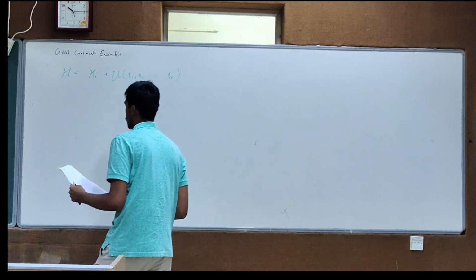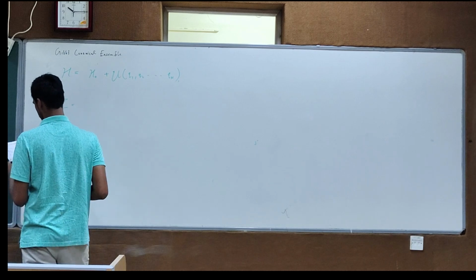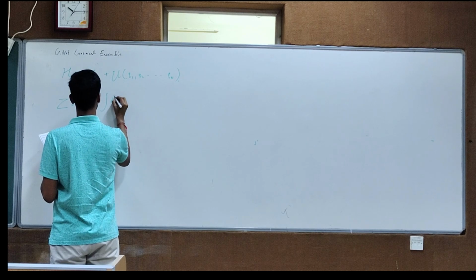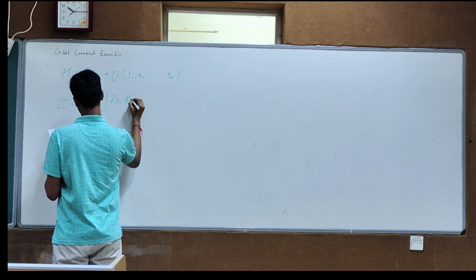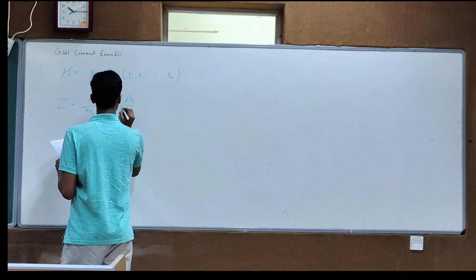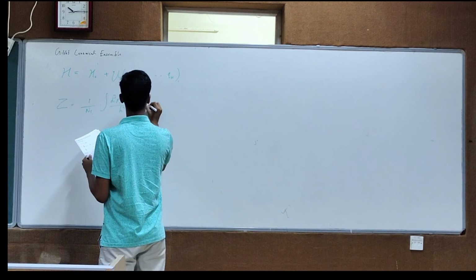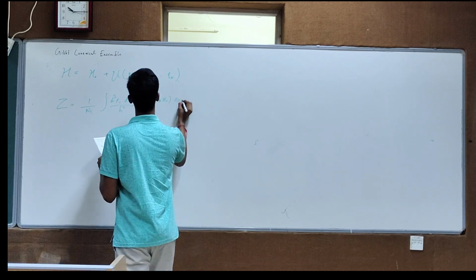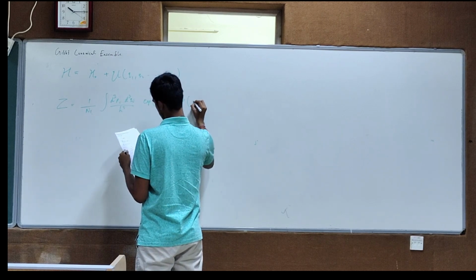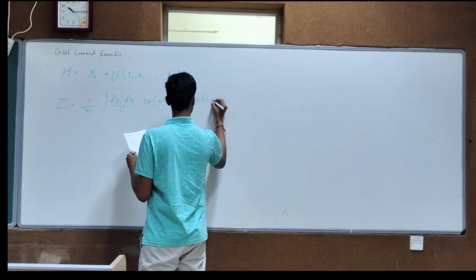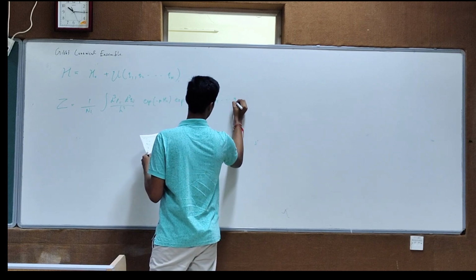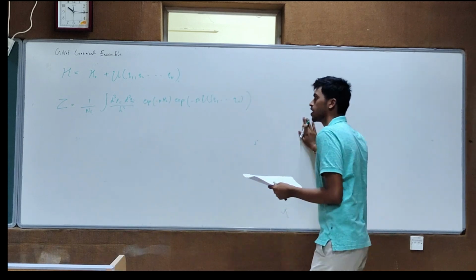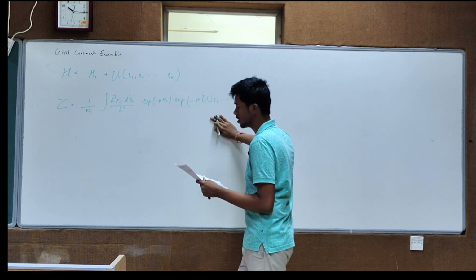So one thing we can do is, let's just write down the partition function. This is 1 by n factorial. So this is the form of the partition function, and you want to calculate this quantity.